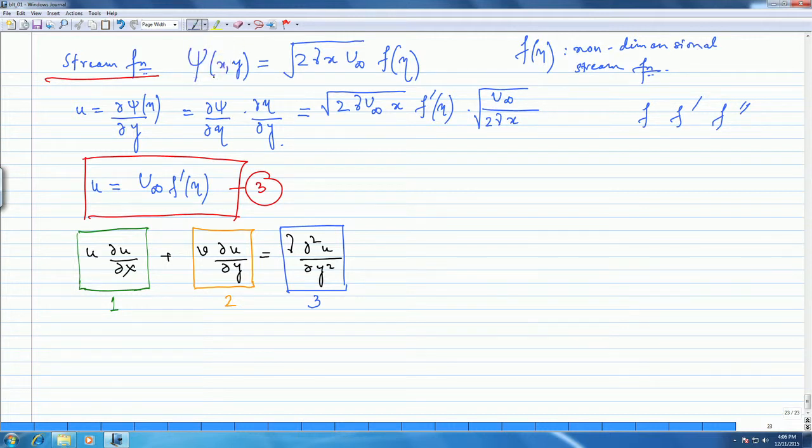Now look at the first term. So we're going to look at term 1.